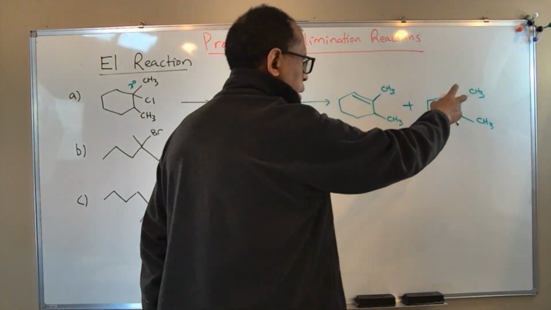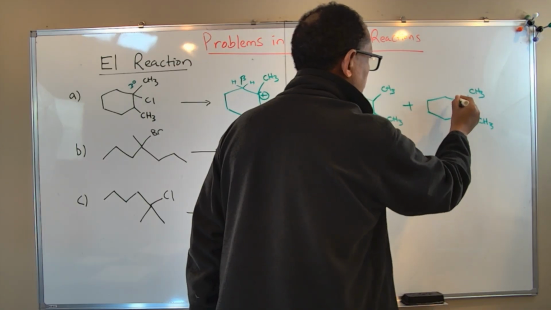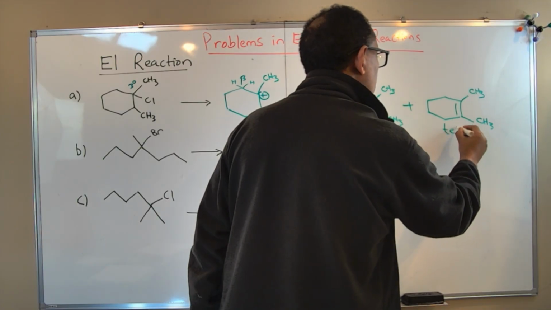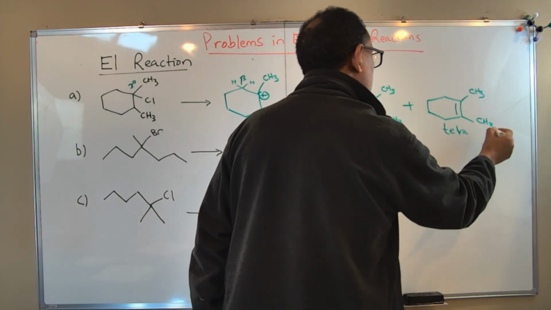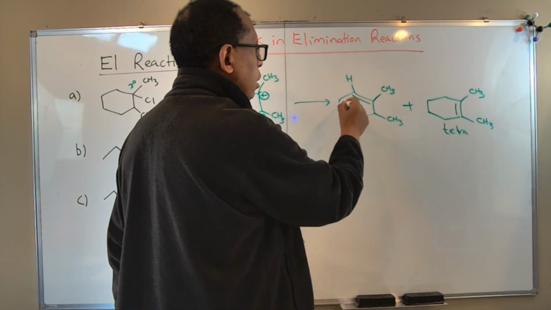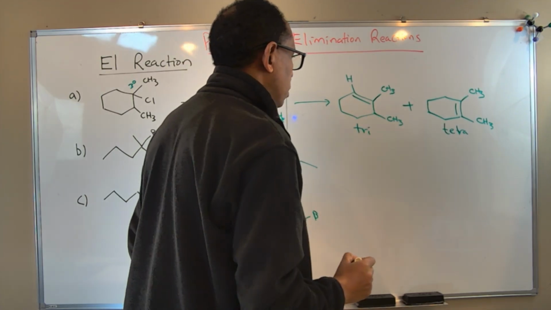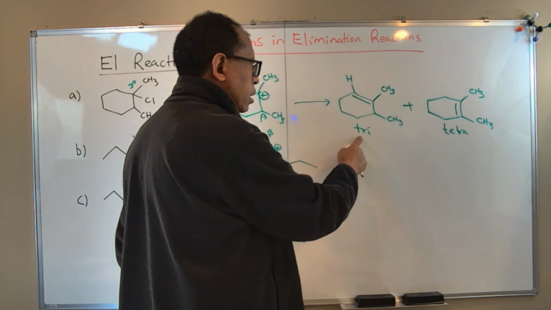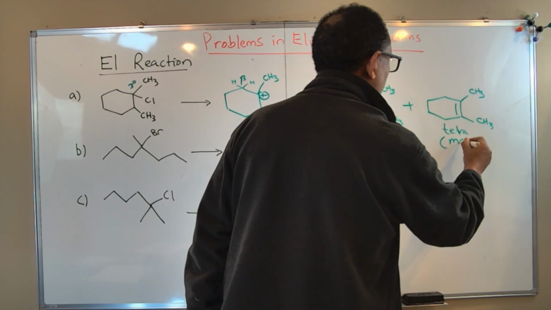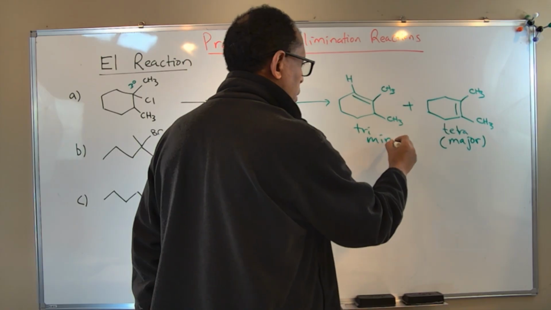If you just look at this, this is a tetra-substituted alkene, because this is alkyl, this is alkyl, CH3, this is tetra-substitution. For this one, there is one hydrogen here. This is tri-substituted. So between the tri-substituted and the tetra-substituted, this would be the more stable alkene, the major. So this would be minor.